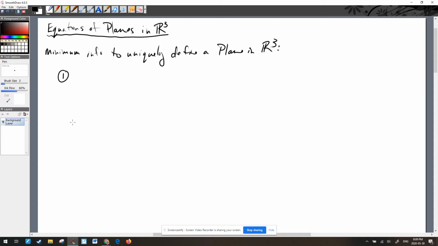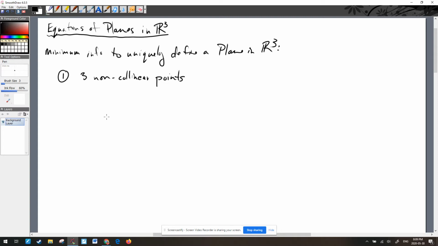The cardboard would tip off. So one way that we can do it is 3 non-collinear points. So if we had 3 non-collinear points in R3, that would be sufficient information to uniquely define a plane.